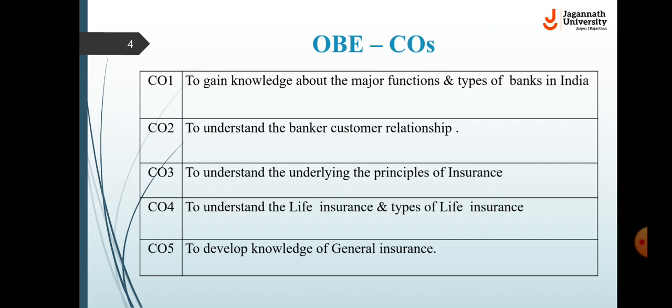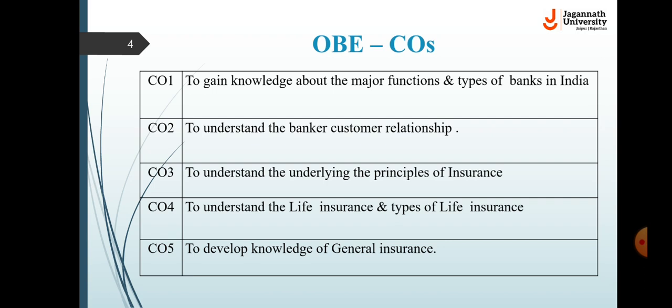Therefore, the course outcomes, which are an extension of outcome-based education, is that after the completion of the course, you will be able to gain knowledge about the major functions and types of banks in India. The second outcome is to understand banker-customer relationship.